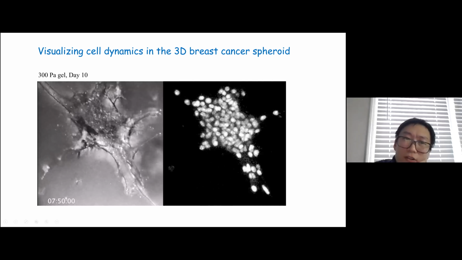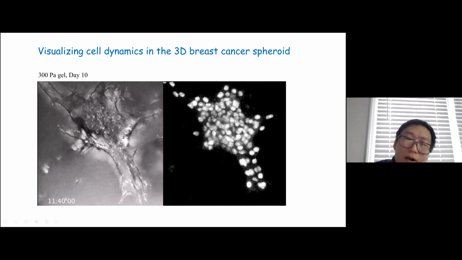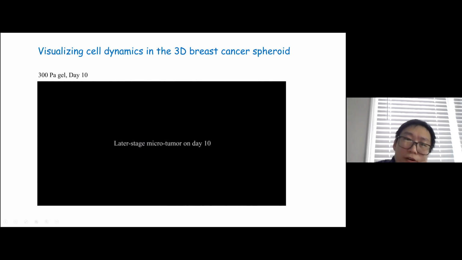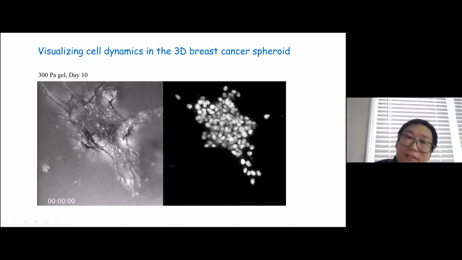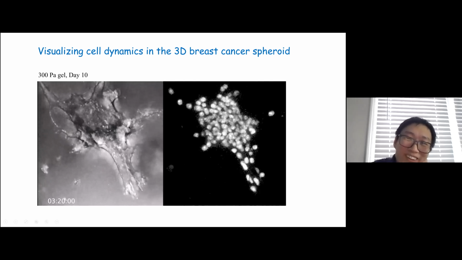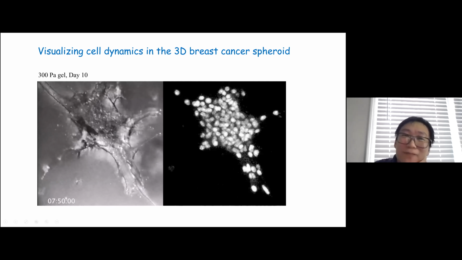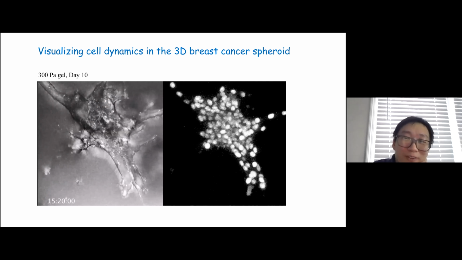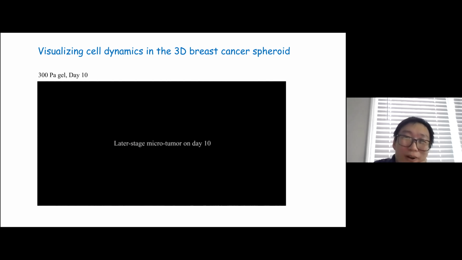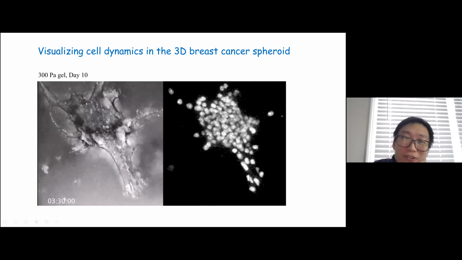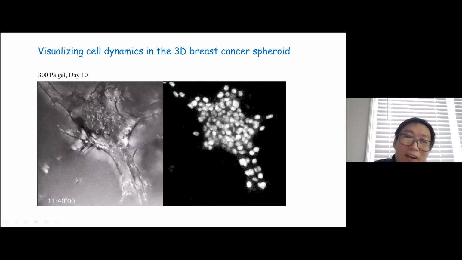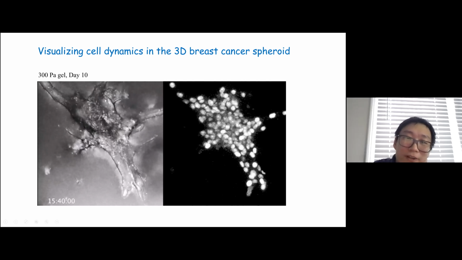I didn't think too much about that because we borrowed this model from Dave Mooney's group, and they look very much like breast cancer. Then we started to play with them, to call them microtumors, but I didn't feel comfortable calling them tumors, and then I sort of said maybe it's okay to call them a 3D breast cancer model. Yeah, I should go back and check some of our other evidence to confirm this.